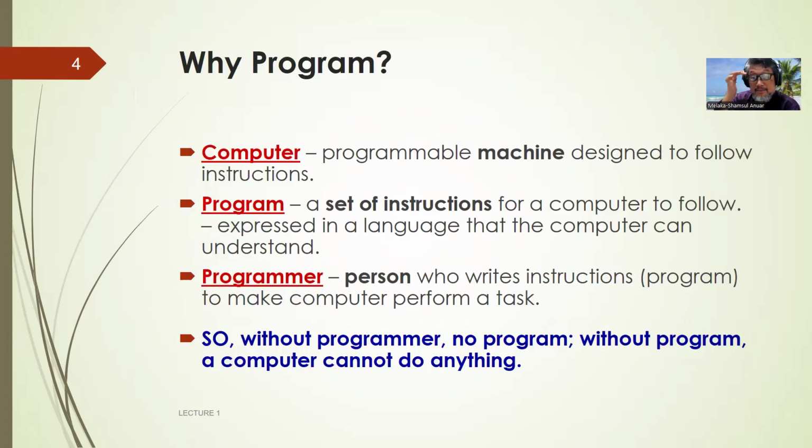All right, a computer is basically a programmable machine designed to follow instructions. So maybe even our calculators can function a little bit like that, but it's more specific to doing calculation only, whereas a computer is more than just doing calculation.